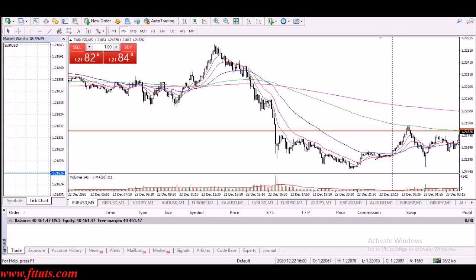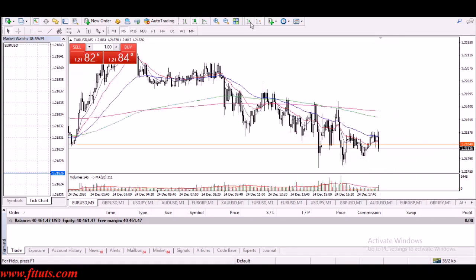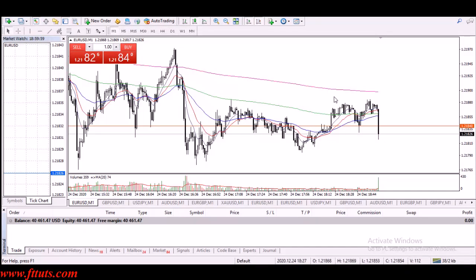So that's what you should know, if you are trading here on M1. Now let me show you here. As you can see, EMA 9, 20, 50 and 200. So EMA 50 is around 1.2186. If we go to M1, EMA 200 is around 1.2186. You see it? So the 50 on M5 is almost the 200 here.